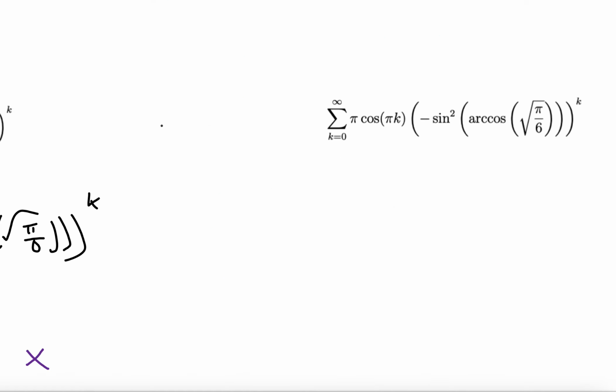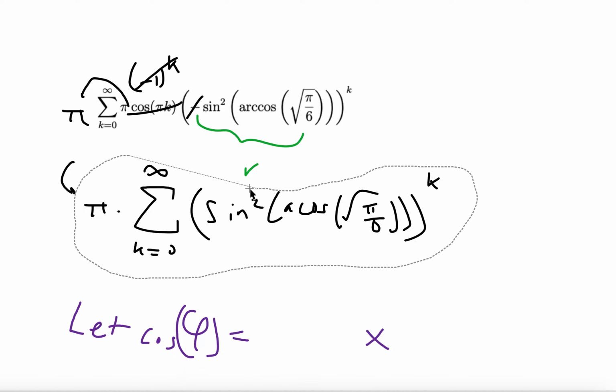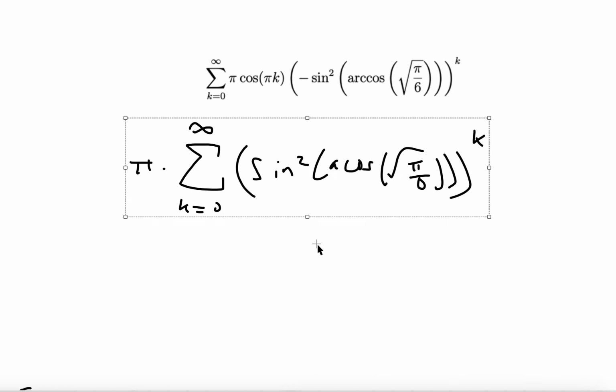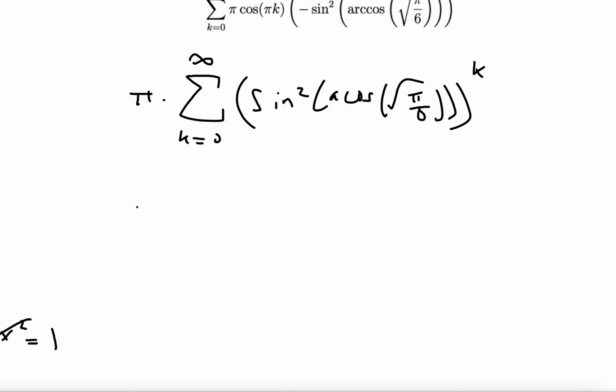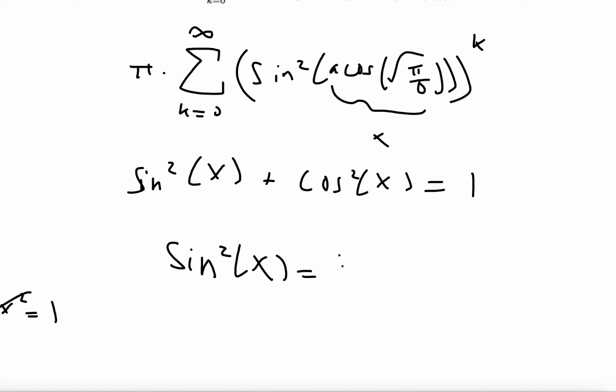So if we reproduce this problem and we have the same setup here, which is essentially this, where we have that sine squared of arc cosine of root pi over 6, watch what we get. So remember, sine squared of x, I'm just going to say that this value is x, plus cosine squared x is equal to 1, which means that sine squared x is equal to 1 minus cosine squared x.